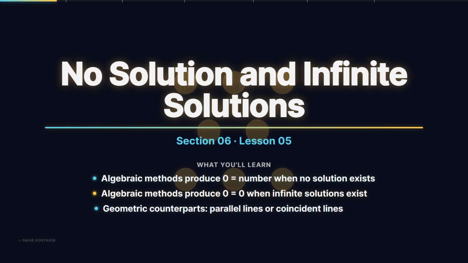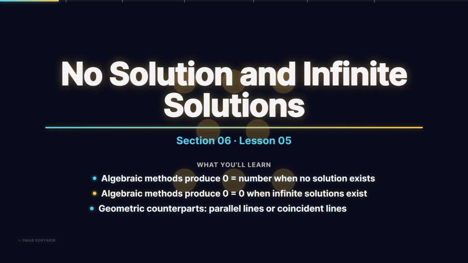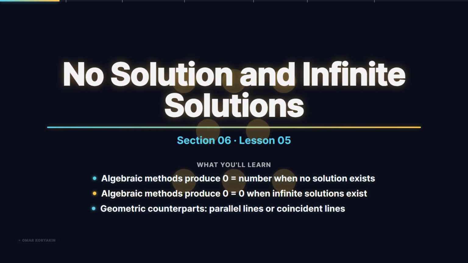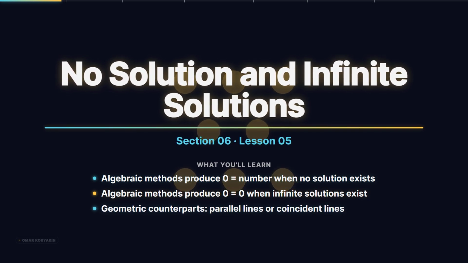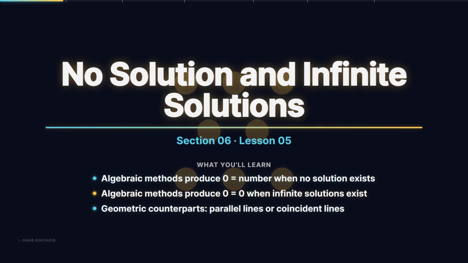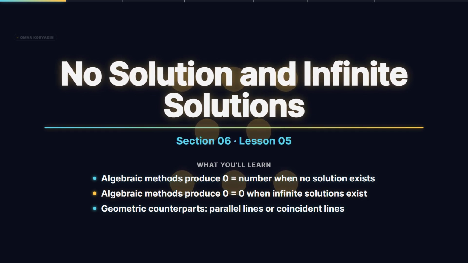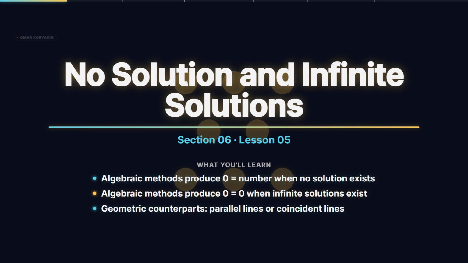If the equations have proportional left sides and the right sides match the same proportion, the equations describe the same line and the system is dependent. The proportionality check is fast and prevents wasted work on systems that have no unique solution to find. Today we walk through one example of each special case to lock in both algebraic and geometric signatures.